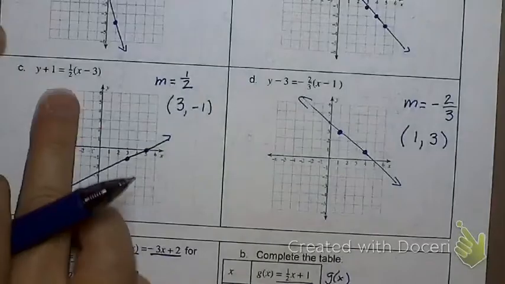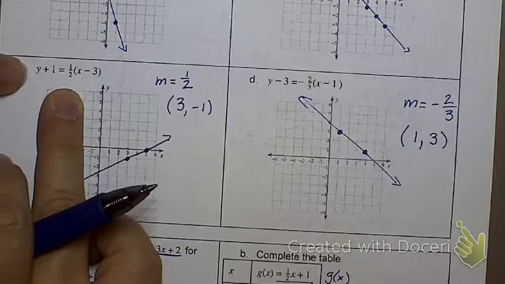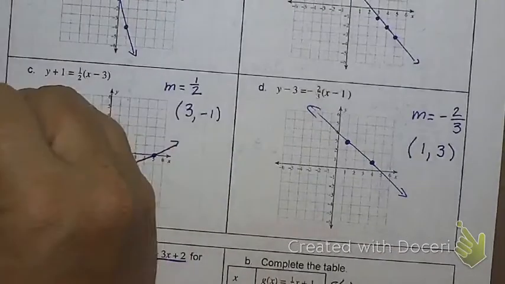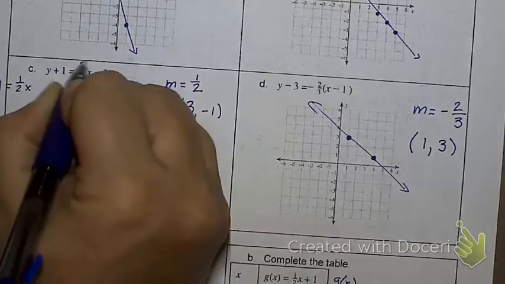So like this one when you're trying to put it in slope-intercept form, you would have y plus 1 equals 1/2 x, right?